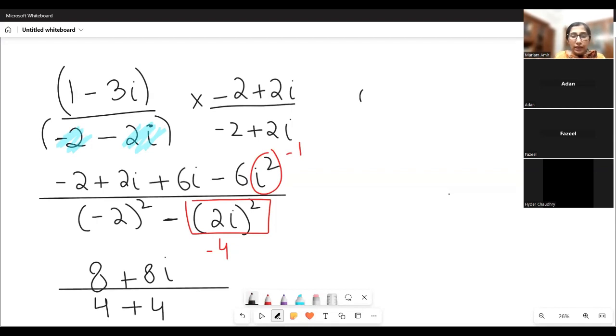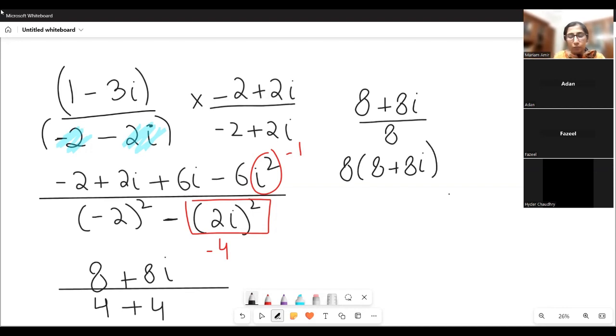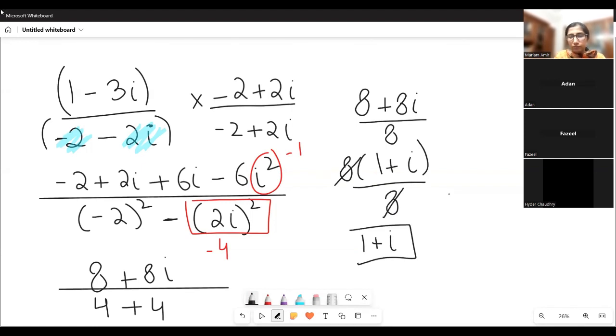So I'm getting 8 plus 8 iota divided by 8, and you can take 8 common from the numerator and we get 1 plus iota. So the answer is 1 plus iota. That's all about dividing complex numbers.